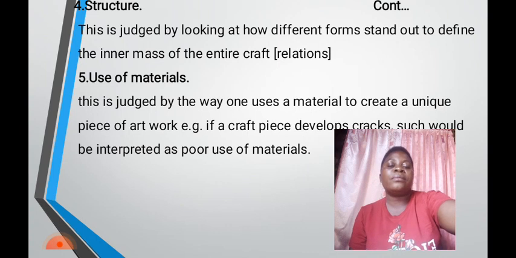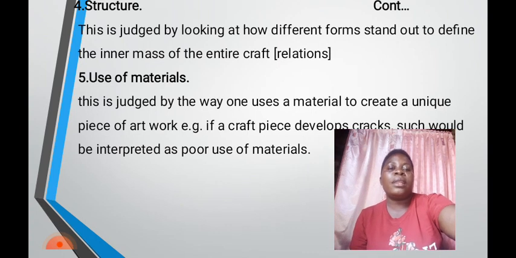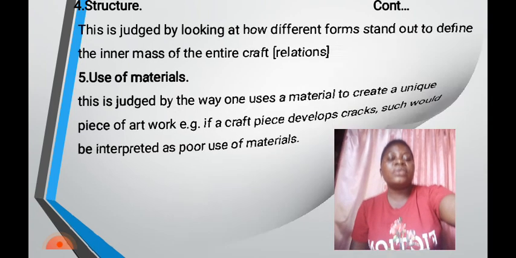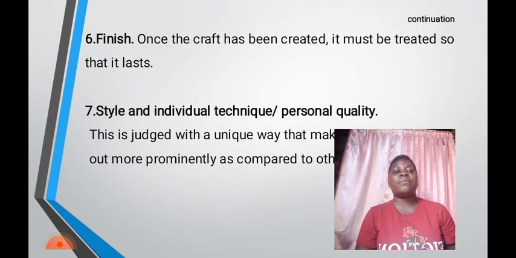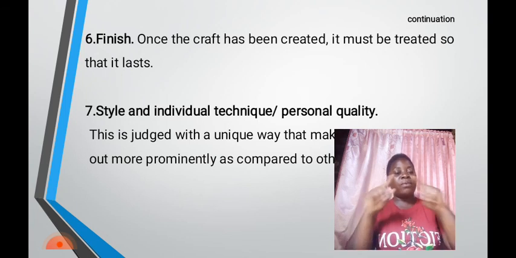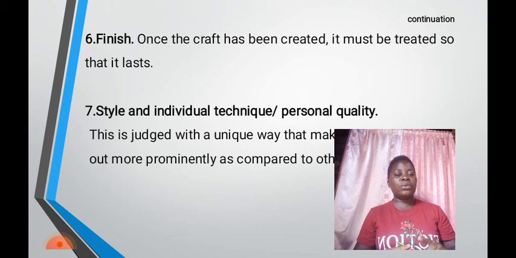Another one. Let's look at finish. Once the craft has been created, it must be treated so that it lasts. Like a frame in graphics. Why do we add a frame? It is for finishing purpose, to show someone that you finished your work, like in calligraphy.